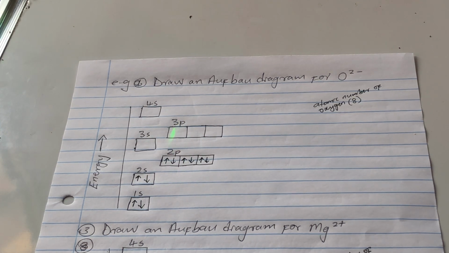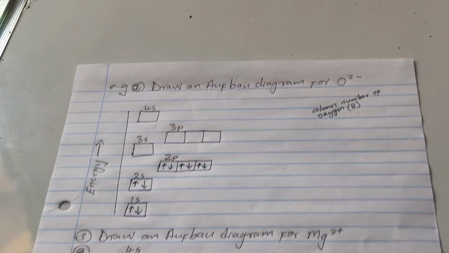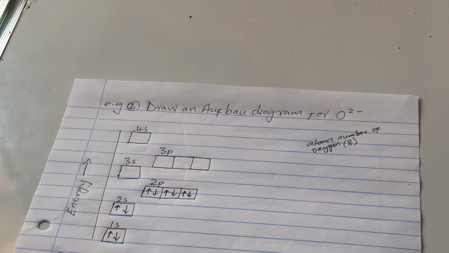And then where do we get the number of electrons that must be filled? We go to the periodic table and look for the atomic number of oxygen. The atomic number of oxygen is 8. This tells us that this oxygen must contain 8 electrons. But here we are given oxygen ion, O2 minus.